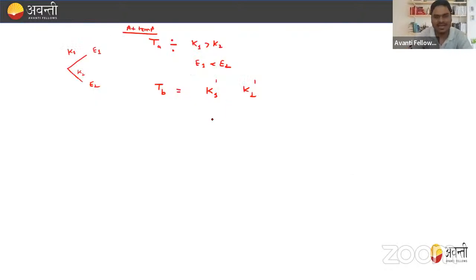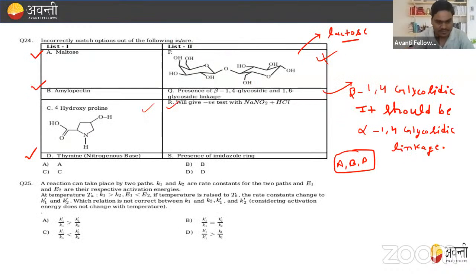If we assume their activation energy does not change, and the reaction proceeds through the two paths, either K1 or K2. At temperature TA, K1 is greater than K2 and E1 is less than E2. At temperature TB, K1 becomes K1 dash and K2 becomes K2 dash, assuming there is no change in the activation energy. So what is the correct relationship?